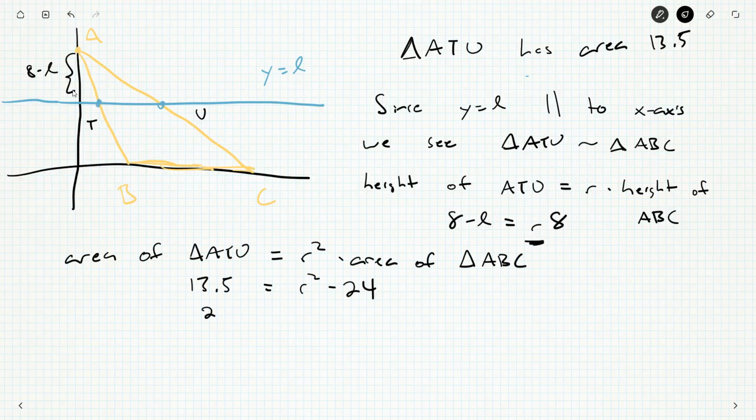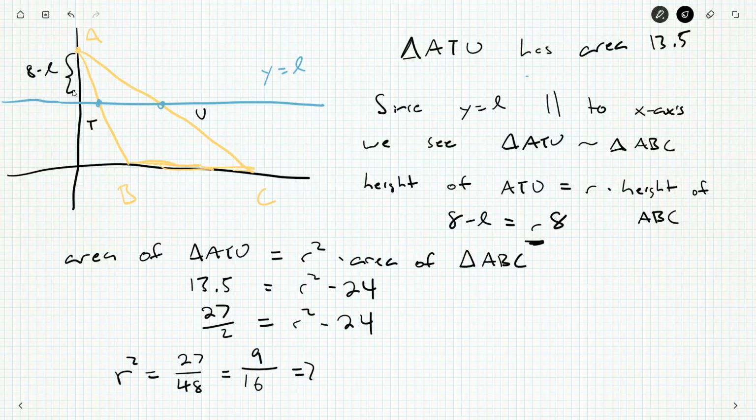So I'm going to just rearrange this guy to 27 over 2 is R squared times 24. We're going to rearrange and solve for R squared. So it'll be R squared is 27 over 48. 2 times 24 is 48. Let's divide by 3 on the top and bottom, so 9 over 16. And that tells me R is going to be 3 over 4.